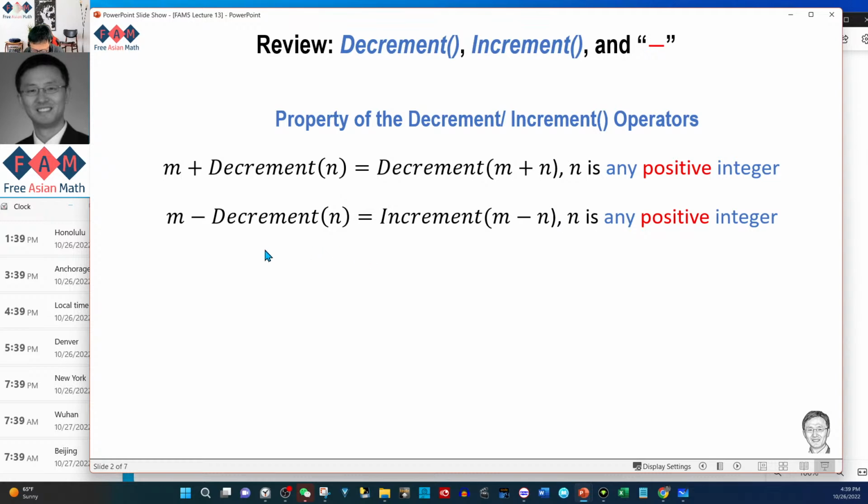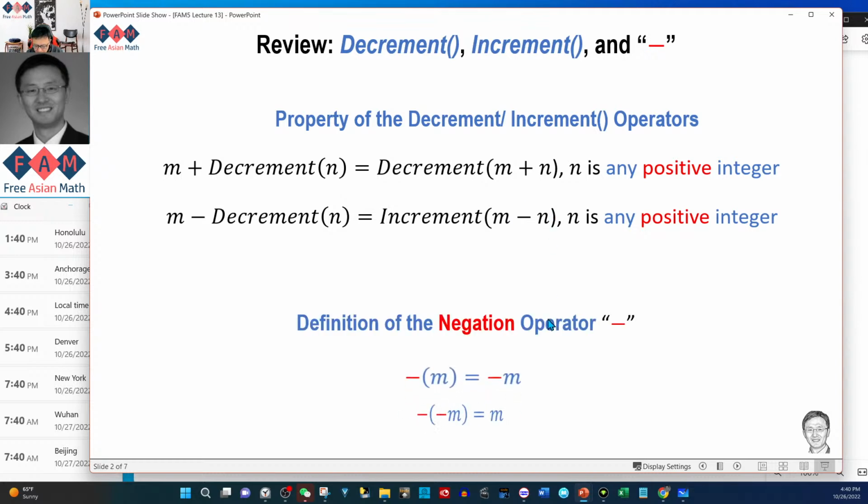Or if you want to subtract the decrement of n, you can do subtraction first, but do increment after the subtraction. Here n is a positive integer. Okay, so that was the kind of lemmas; we should call them lemmas. That's how we're used to it. And then we came with this negation operator.